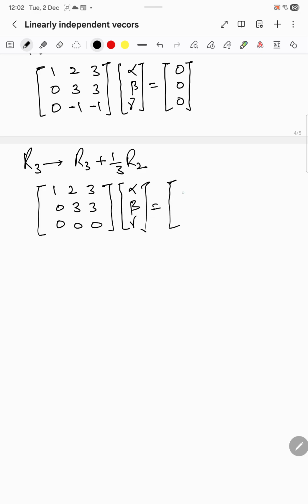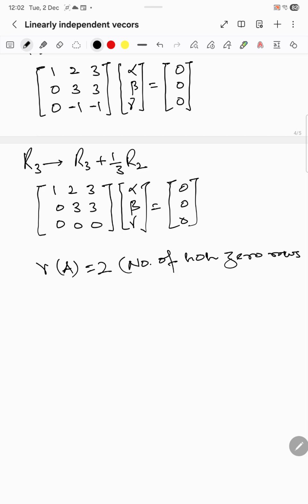Okay, so this is the case when the rank of the coefficient matrix is coming out 2, which is the number of non-zero rows in echelon form.